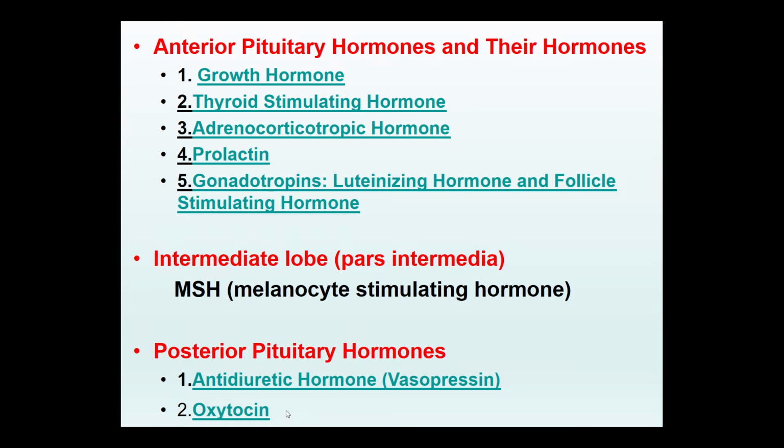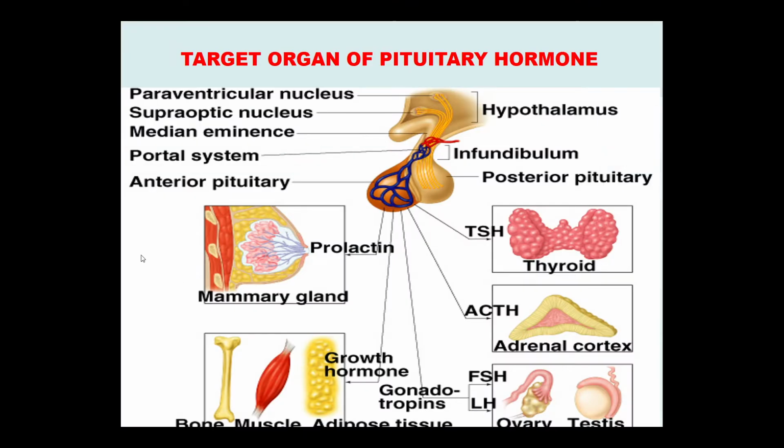Let's talk now about each of these hormones in particular. But before this, I want to show you that some hormones of the anterior pituitary regulate production of hormones in other peripheral glands, like ACTH takes part in regulation of hormone production in the adrenal cortex.